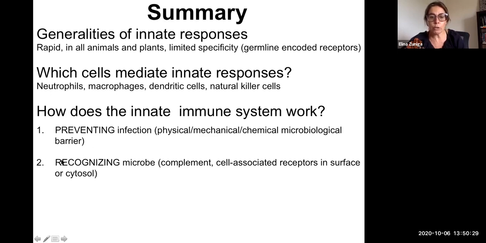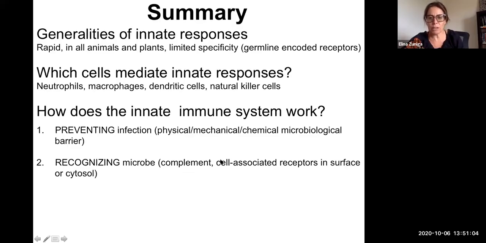We also mentioned that once the infection has breached these barriers and could not be prevented, the innate immune system has ways to quickly recognize the presence of the pathogen with soluble proteins like the complement. We learned a lot about the complement today, how it can be activated, which is the central core event, the C3 cleavage, and what the outcomes of this event are.